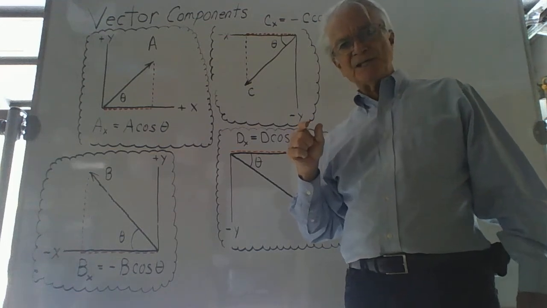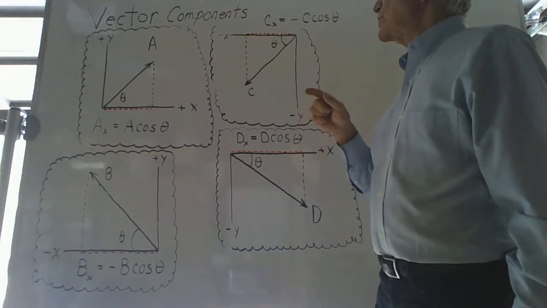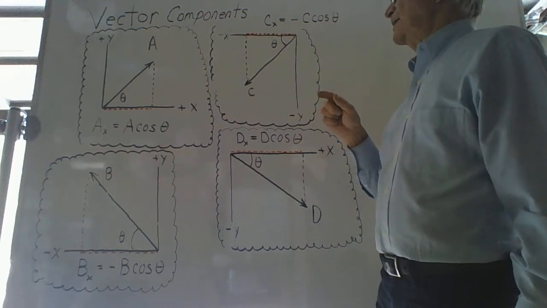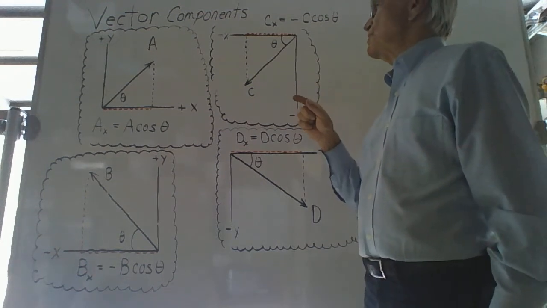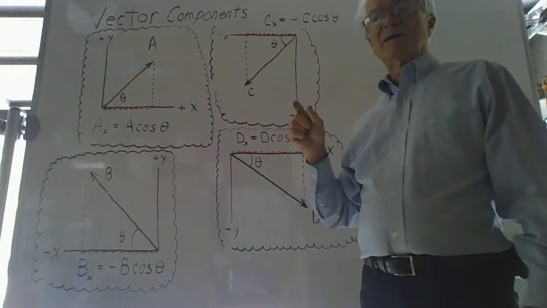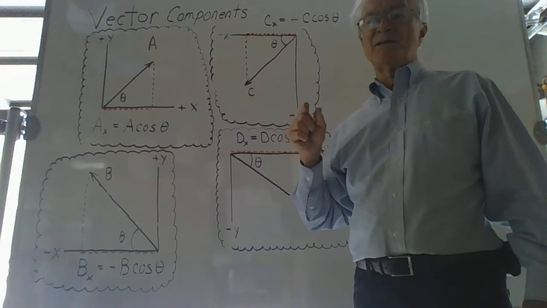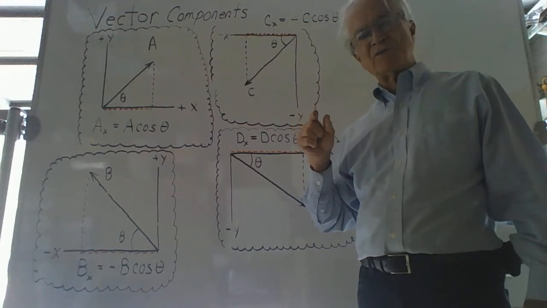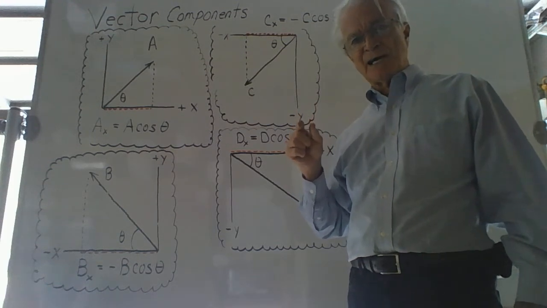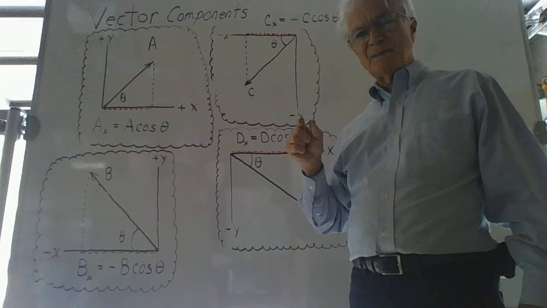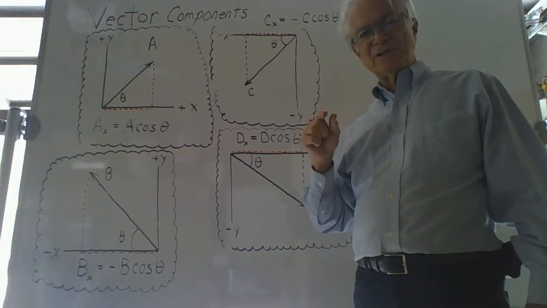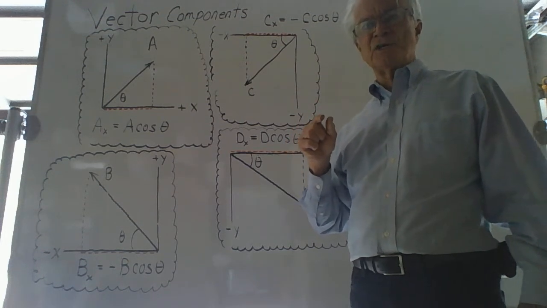Some of those leg heights can be imagined to be shadows cast by a light directed toward the arrow along the positive y-axis, and then other vectors will have shadows cast along the negative y-axis. We'll save that discussion in detail for the next video lecture.